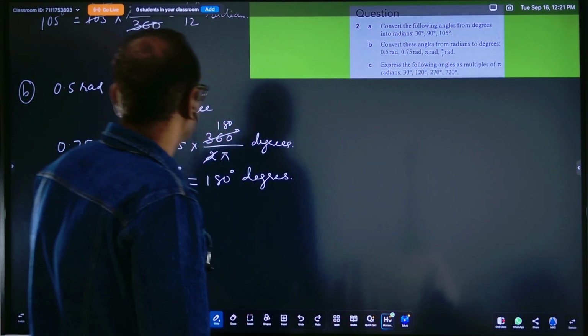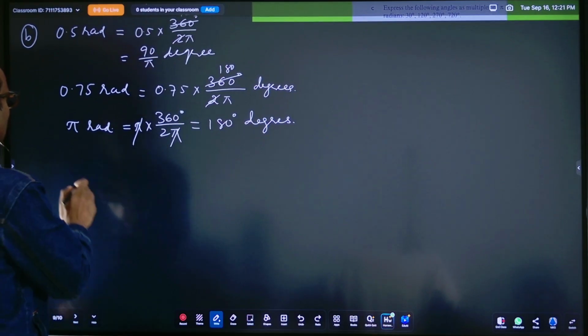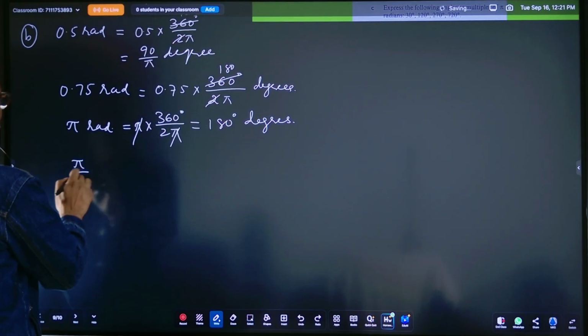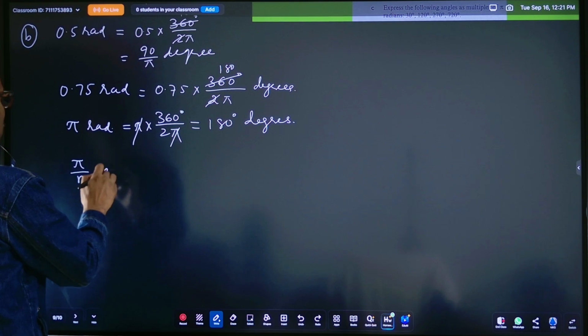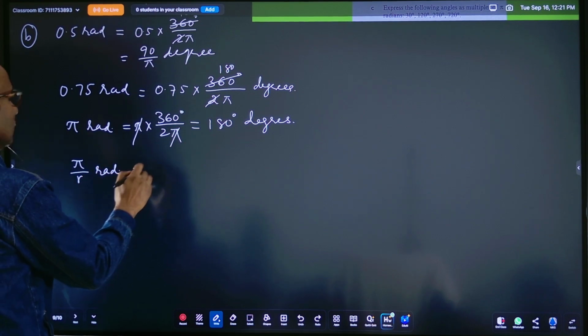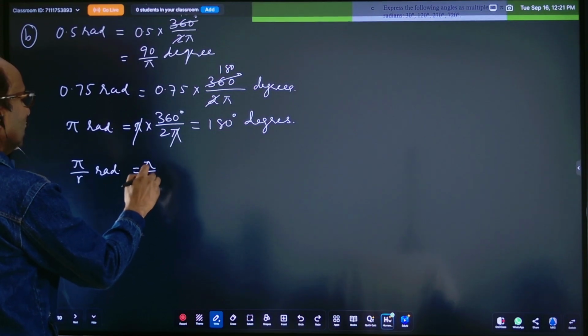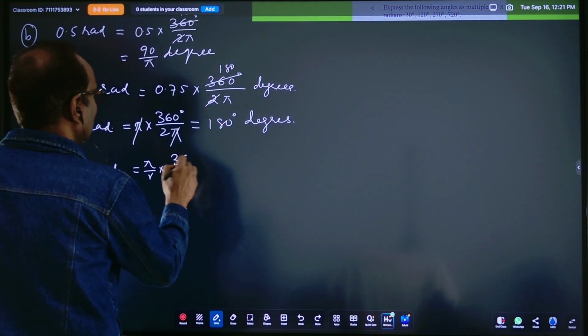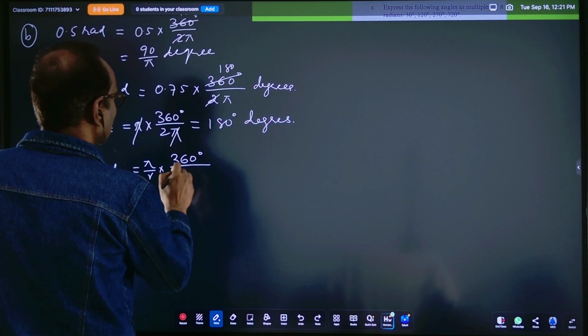Pi by r radian. So pi by r into 360 degree by 2 pi.